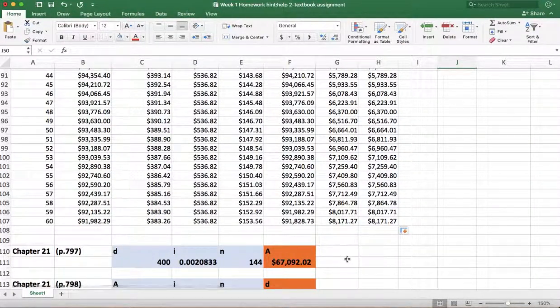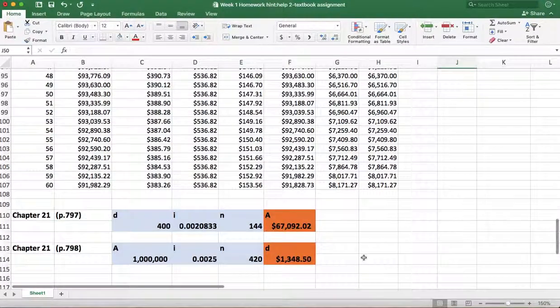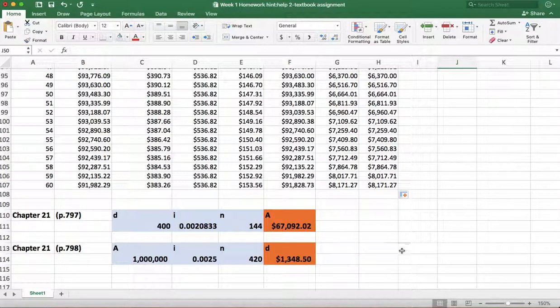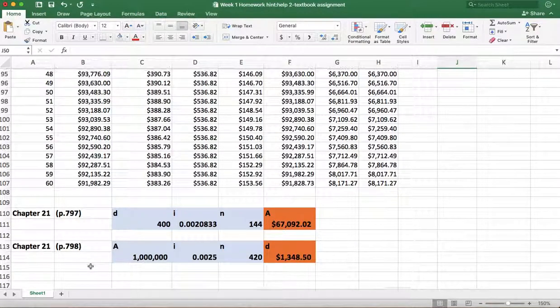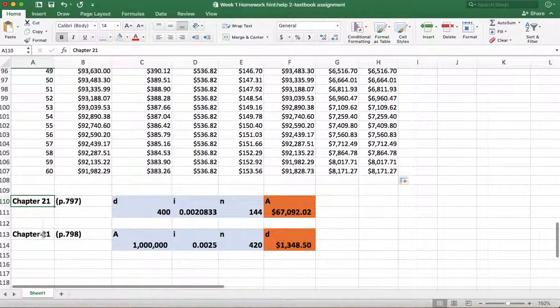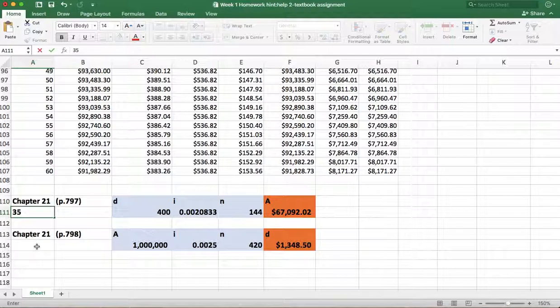I encourage you to use Excel to complete the textbook assignment. Also use Excel functions to do the calculation. For example, chapter 21, problem 35, and chapter 21, problem 37.